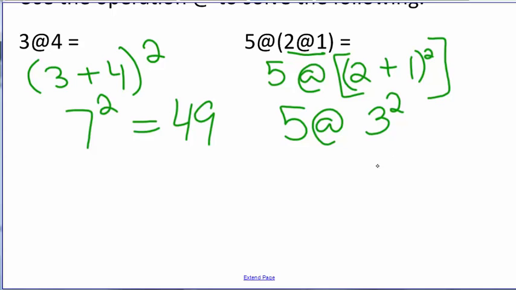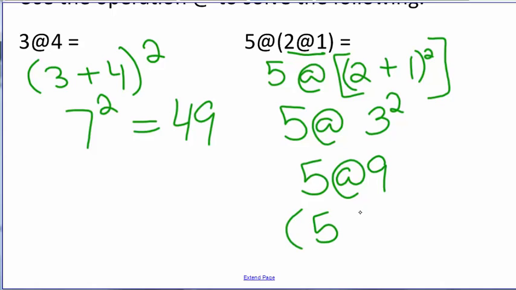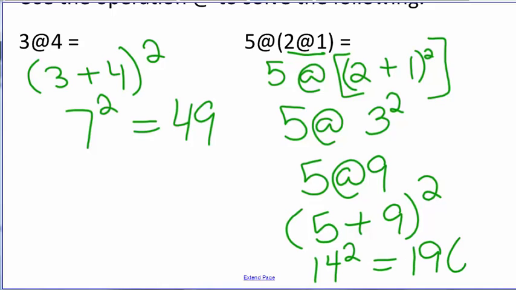So 3 squared gives me 9, and now I've got to simplify 5 at 9. So I'm going to add 5 plus 9 together, and then I'm going to square it. 5 plus 9 is 14, and 14 squared is 196.